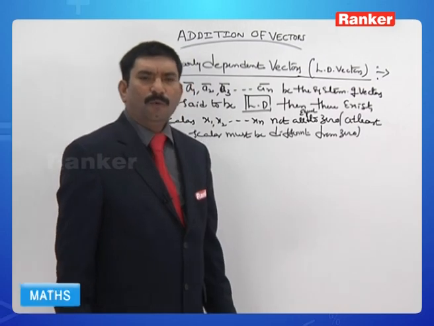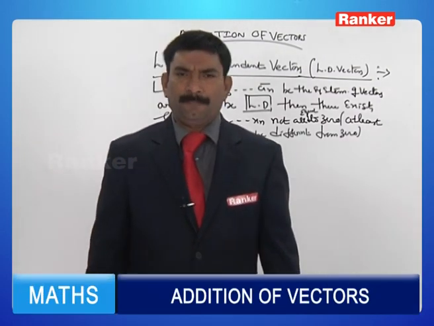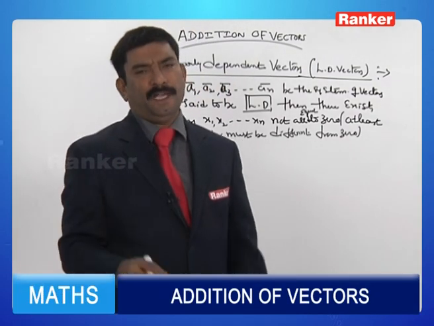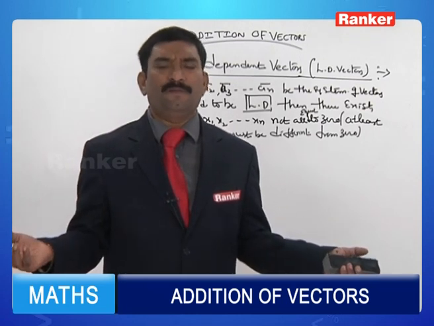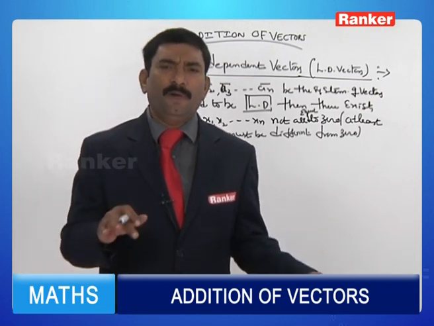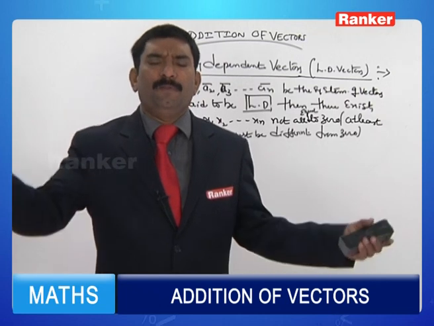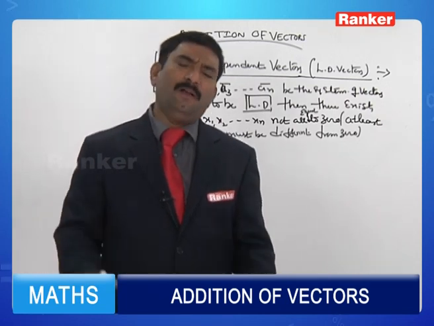What does it mean? At least minimum one. Maximum, all scalars may be different from 0. Minimum 1 may be different from 0, 2 may be, 3 may be, all may be different from 0.